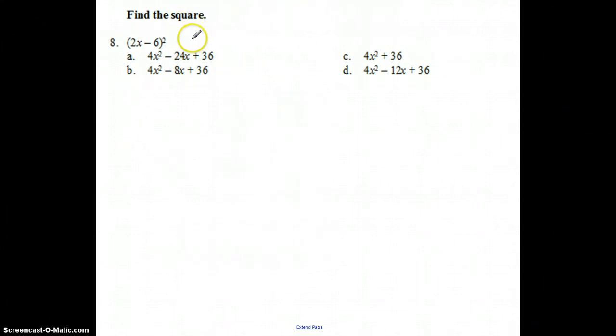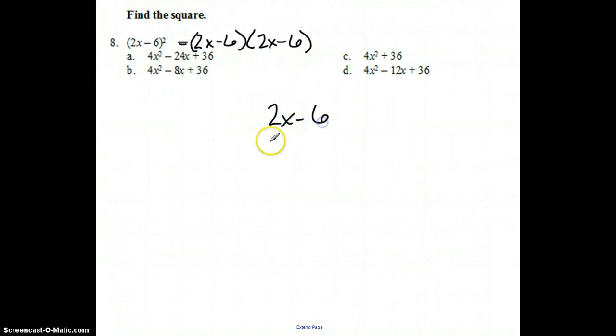Okay, now if it tells you to find the square, remember this means that it's 2x minus 6 times 2x minus 6. So if I go through, set up the problem using the shortcut method. Now again, you can use FOIL if you want. I'm just using shortcut because I think it's easier. So negative 6 times negative 6 is positive 36.